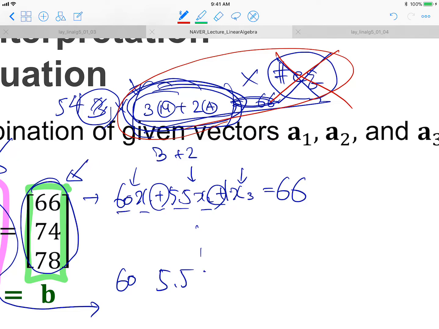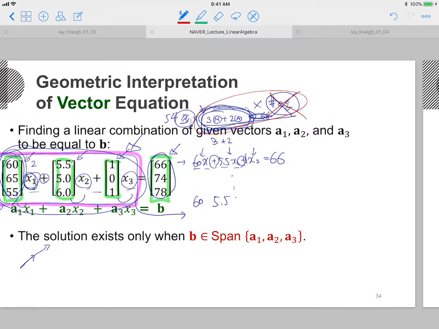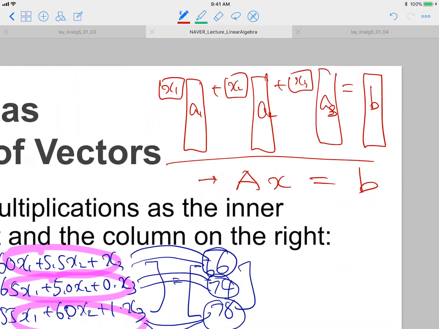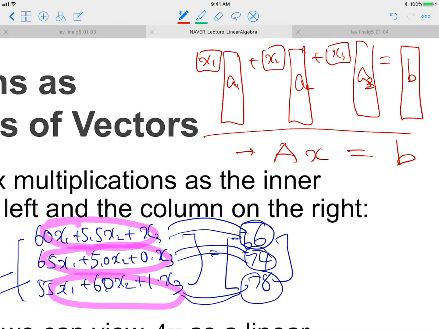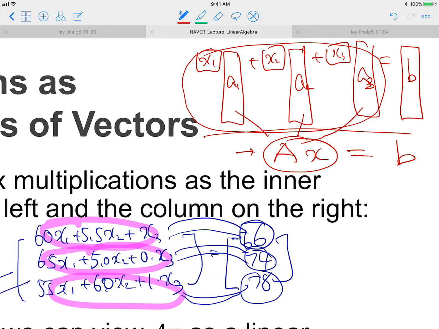And then what about the matrix equation? The matrix equation is really nothing but rewriting this vector equation form into just this form, collecting a1, a2, a3 to form our matrix A, and x1, x2, x3 to form our column vector x, right?